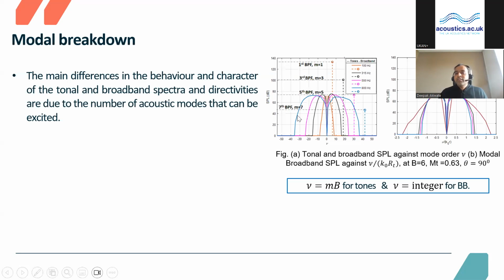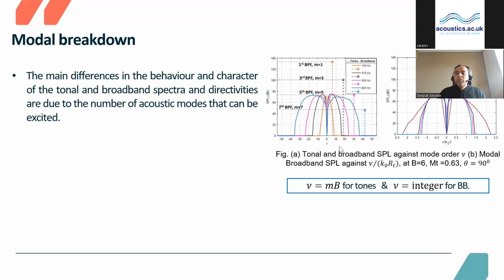In the left hand side figure, I showed a modal source breakdown for an odd number of blades going from 1, 3, 5 to 7, around the frequencies of 100 Hz, 350, 500, and 800 Hz. We plotted the broadband noise in a similar frequency range, and we can see that for each individual frequency there are a number of acoustic modes that contribute to the broadband noise.